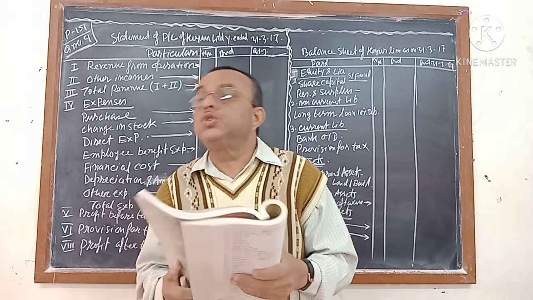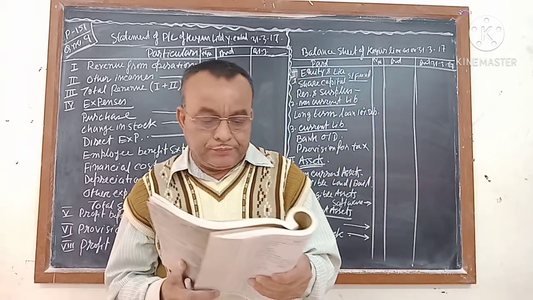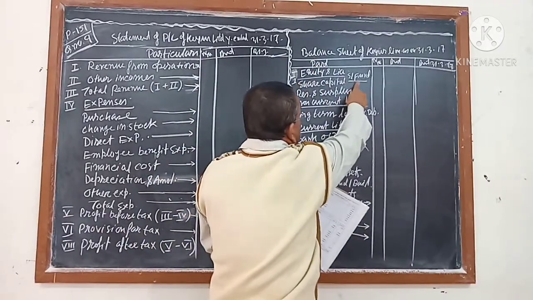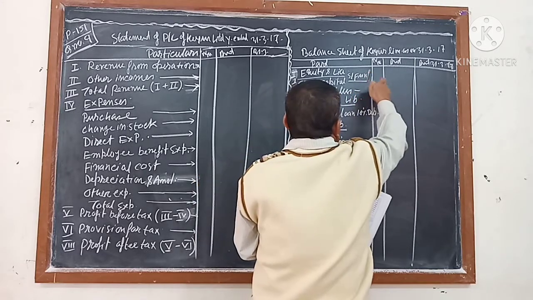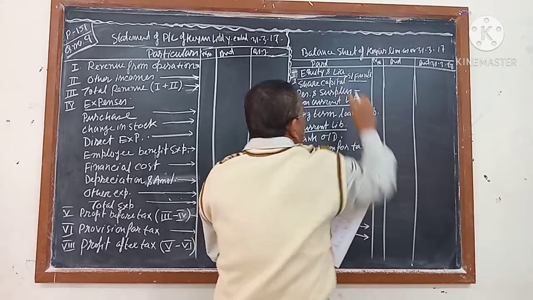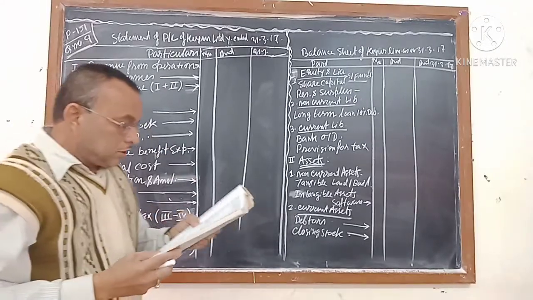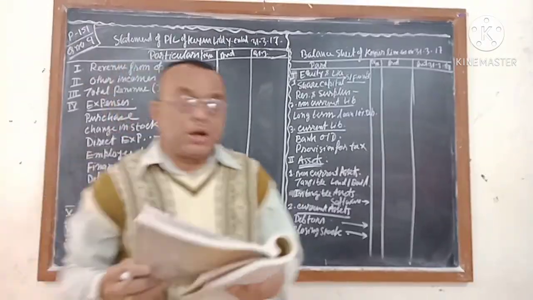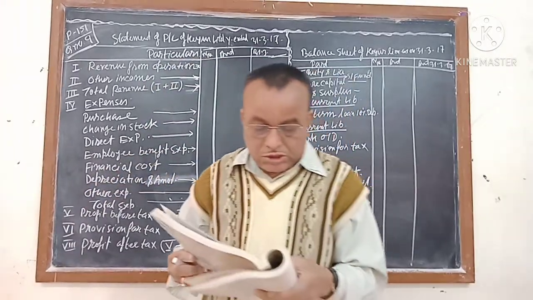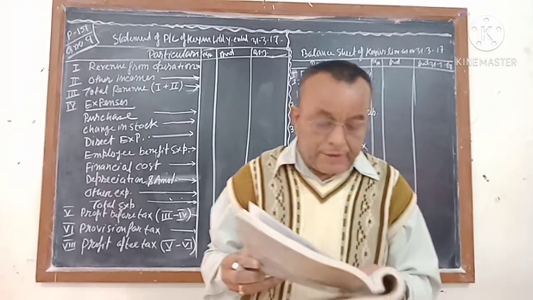Now let me explain which one will go where. Equity share capital is a liability and will come here under shareholders' funds. I forgot to write it, so I wrote it here: number 1, shareholders' funds. Purchase is here. 10% debenture is a balance sheet liability. Sales is profit and loss statement sales. Software is your intangible asset. Wages is your direct expense.